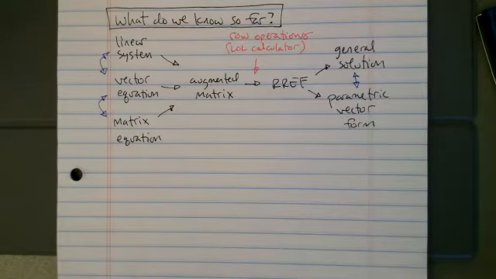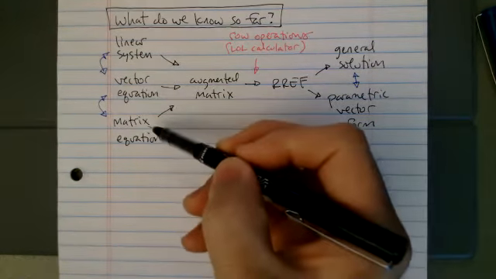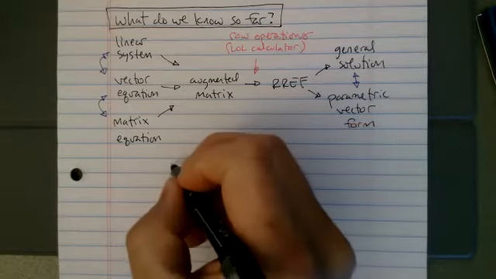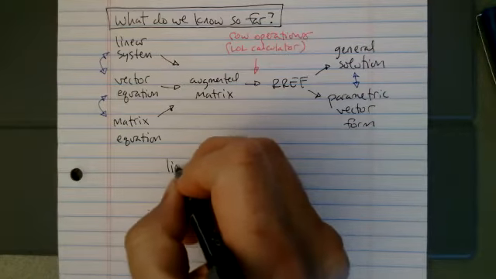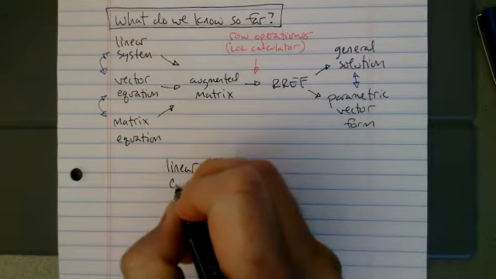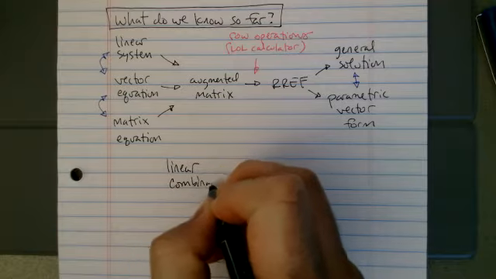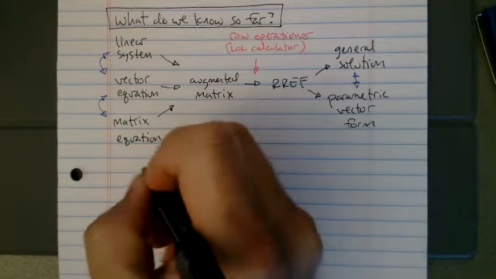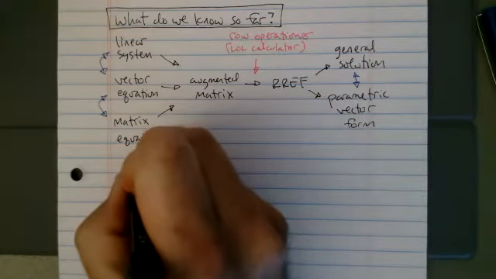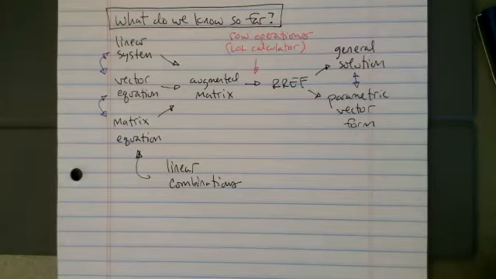So leading into our vector equations and matrix equations, we could have questions about linear combinations. So linear combinations might lead us to looking at matrix equations and vector equations.